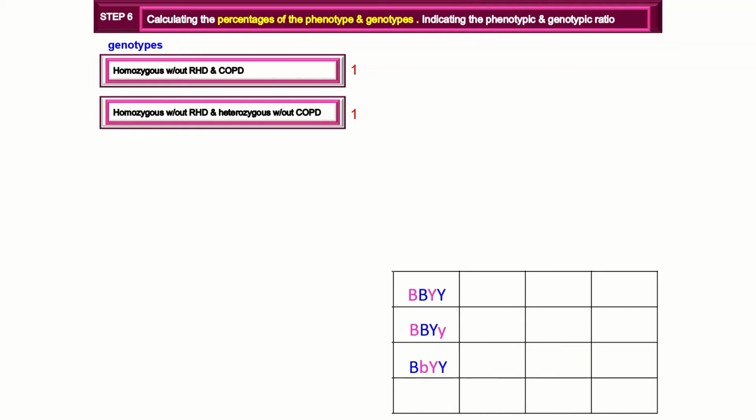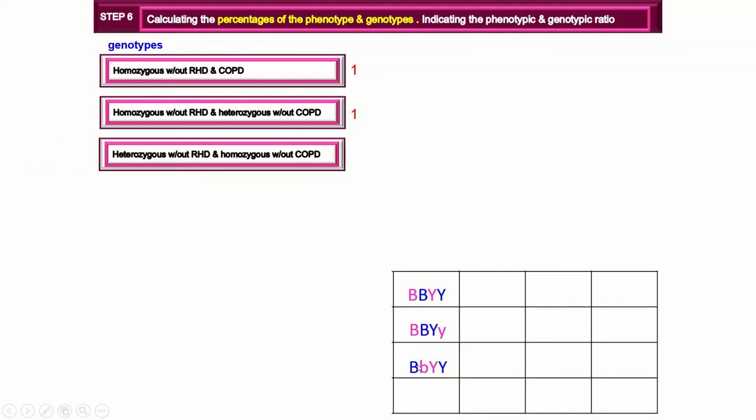Next, we'll have this. How about you do it on your own or be with me? So we have heterozygous without RHD and homozygous without COPD.